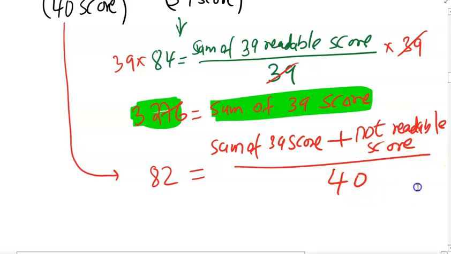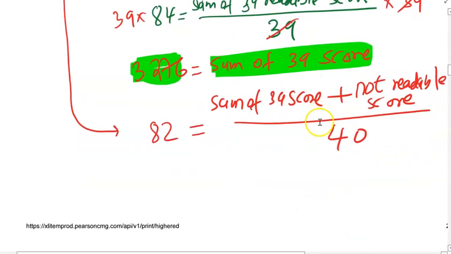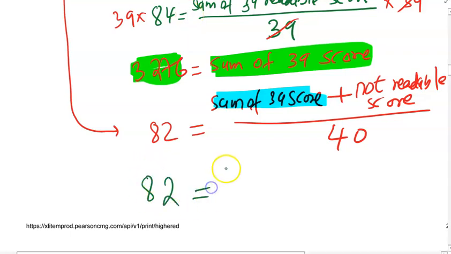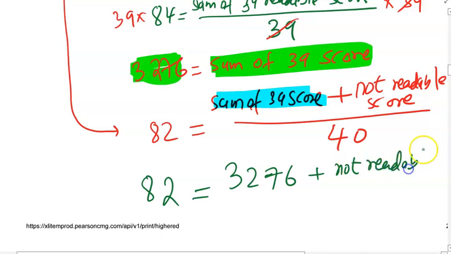Now you have to put the value of the sum of the 39 scores from the previous part. 82 equals 3276 plus the not readable score. Can I put the not readable score as an X?